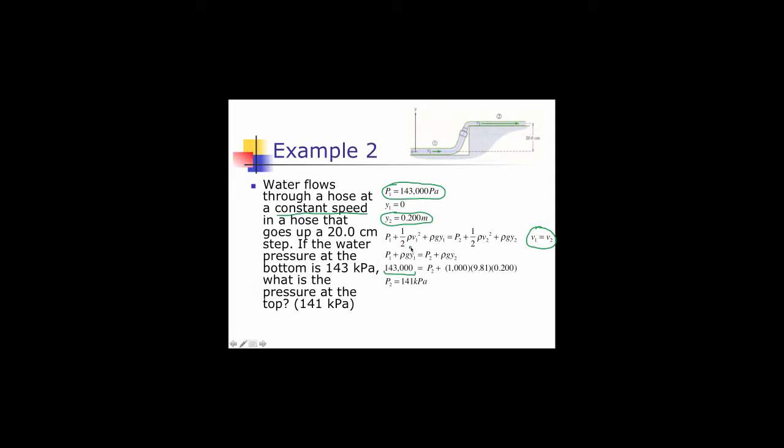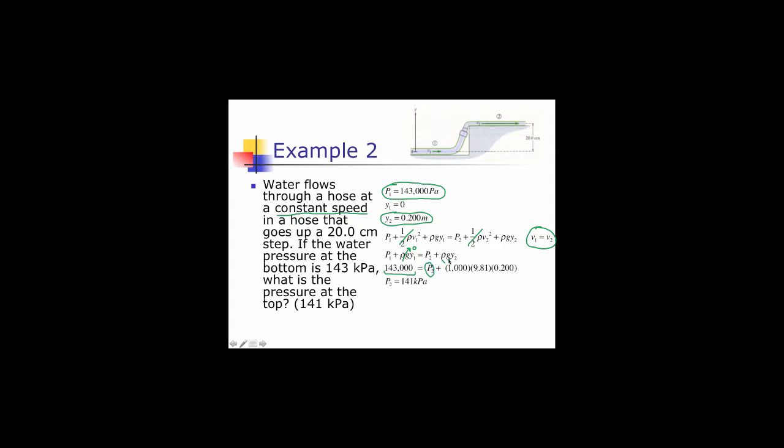So I've written Bernoulli's equation, but as we said, we have a constant speed, so these two terms are equal, and I can subtract them on both sides. So I also have y1 equals 0. That is my reference location, h equals 0. And so I substitute in for pressure 1. I'm solving for pressure 2.